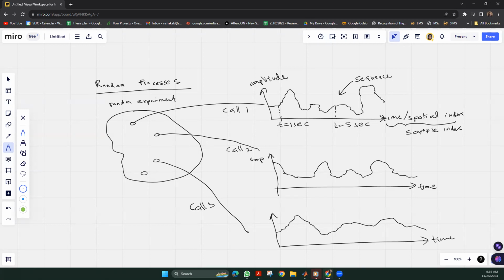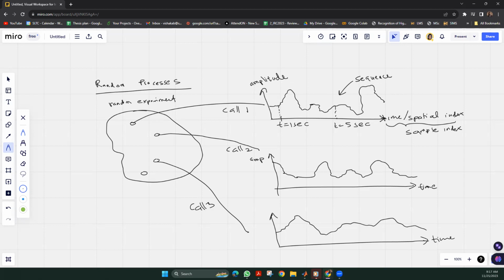So in this probability and in this analysis, we have different definitions, or different terms that we use to define the parameters across all the different calls, right?